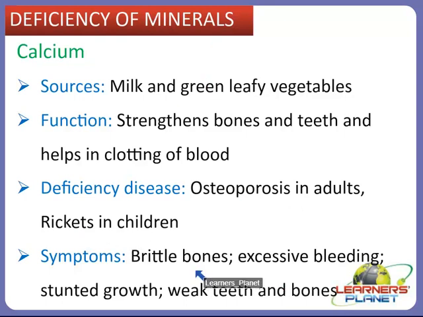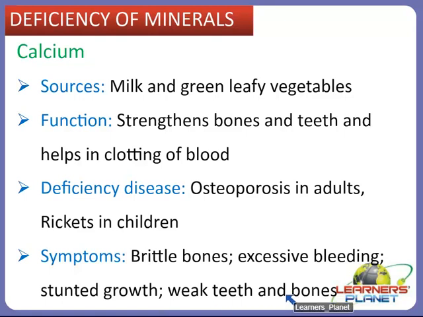And the symptoms of this deficiency disease are brittle bones, excessive bleeding, because calcium helps in clotting of blood, and if it is not present in our body, then excessive bleeding can occur. Even stunted growth occurs, since it strengthens our bones and helps in growth of the human body, and if there is no calcium, then obviously growth will not occur, right?